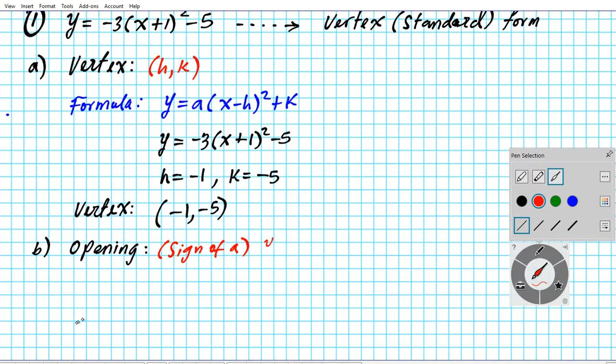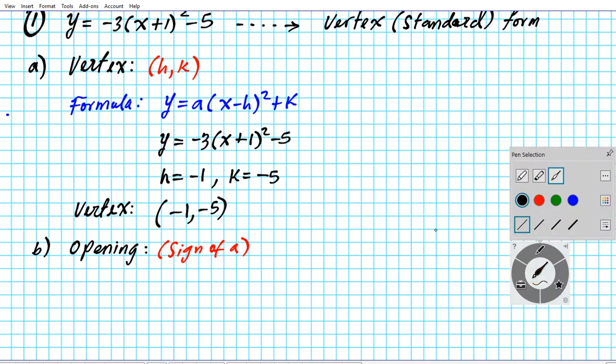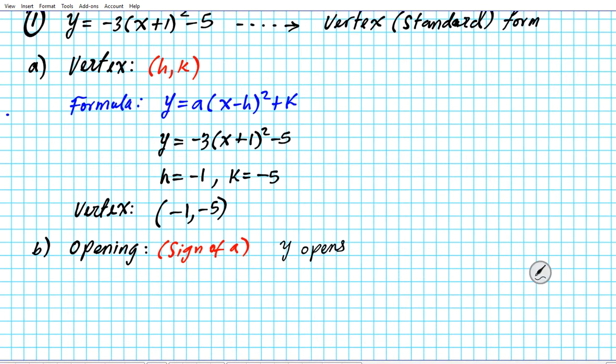It tells us that the function y opens downwards, a downward opening parabolic curve. Why is that?